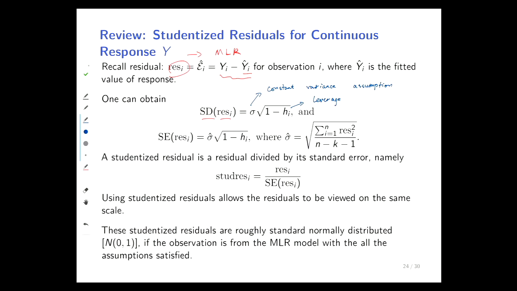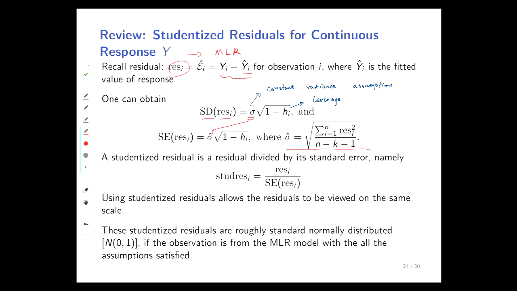The leverage is used to measure the distance of explanatory variable values. If you forget it, please review it. And in order to obtain the standard error, we need to replace sigma, because sigma is unknown, with sigma hat, which is the estimation of sigma.